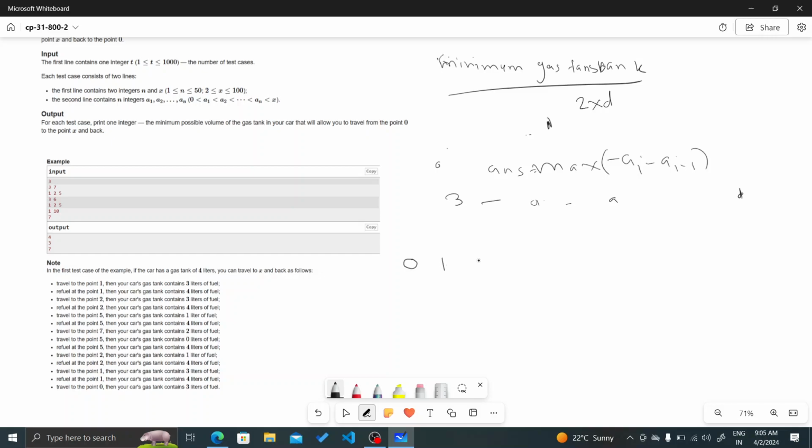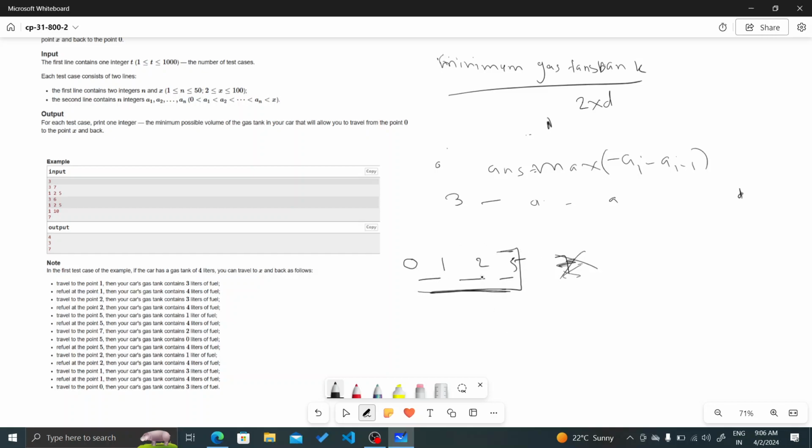Suppose in this test case 1, 2, and 5 was there, and in the last we will put our destination 7. After that we will take their differences till the second last, and we will take the maximum from those. Okay, it will be okay even if you don't take this destination.